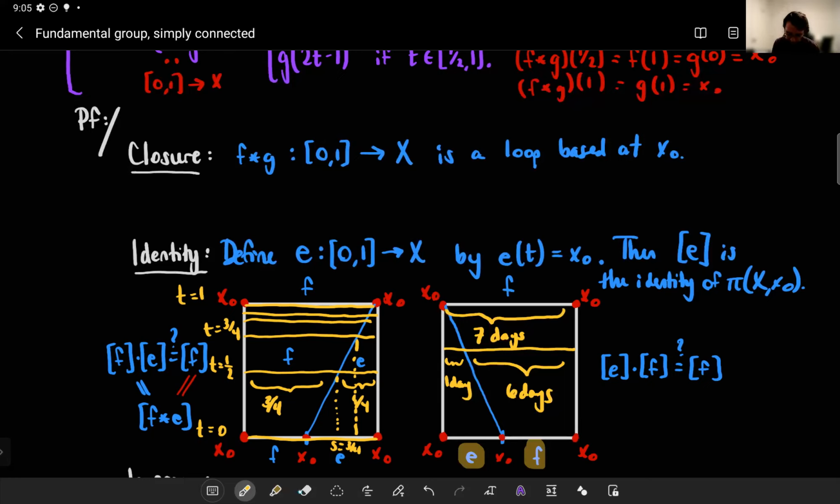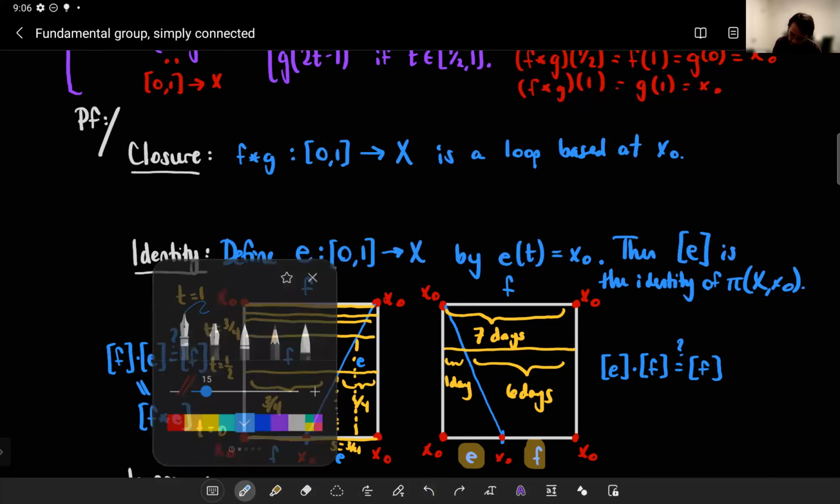But that's a continuous change, right? You could imagine any slice of time here, and you're gradually shrinking the amount of time you spend procrastinating in favor of doing work. And so that is a homotopy from E concatenate F to F.